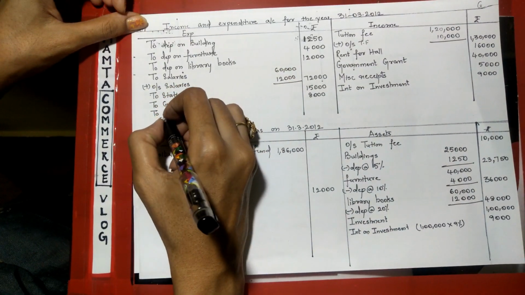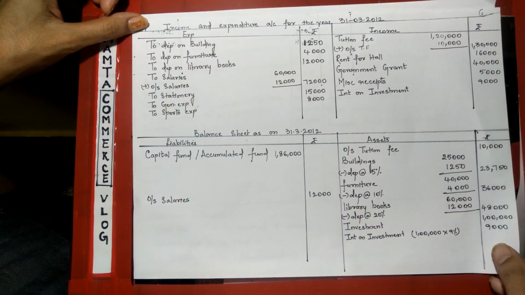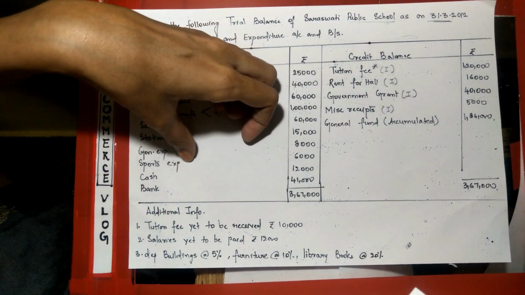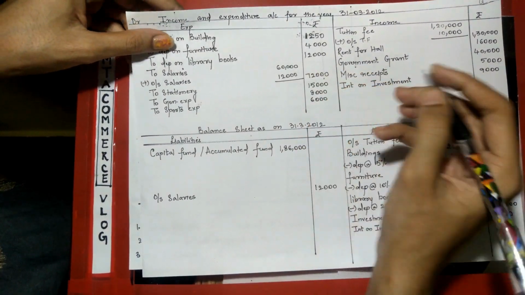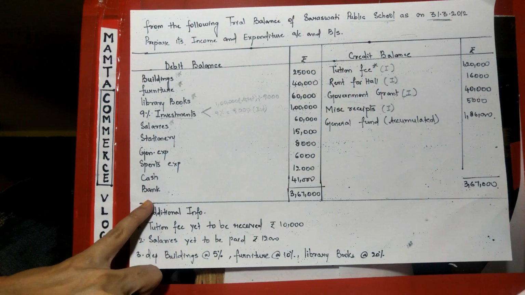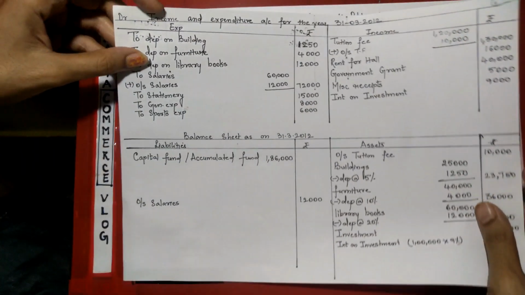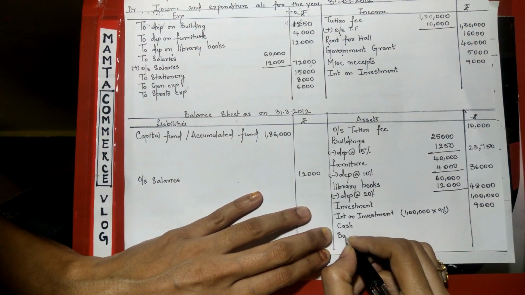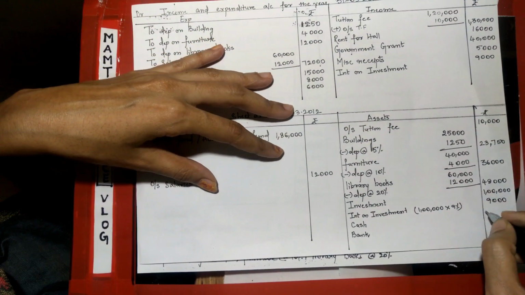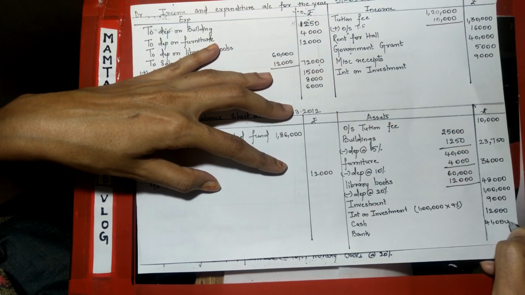To sports expenses, amount for sports expenses is 6,000. Then we have cash and bank balance. It is an asset and to be shown on the asset side. So here I'll write cash and bank. The amount of cash is 12,000, and the amount of bank is 41,000.